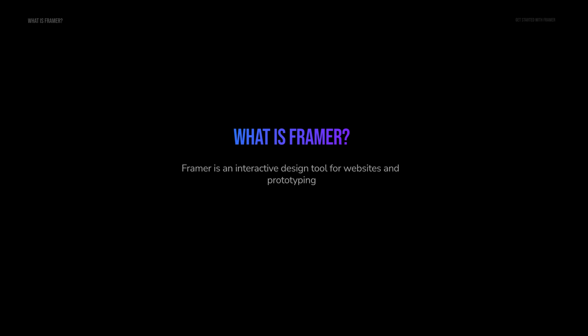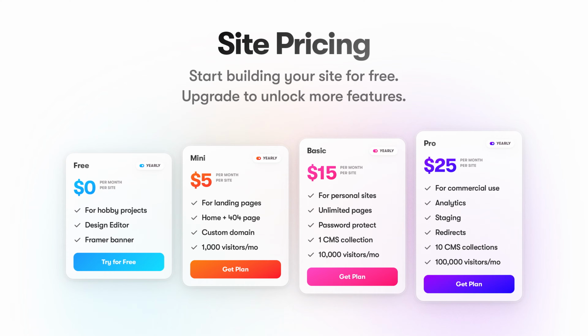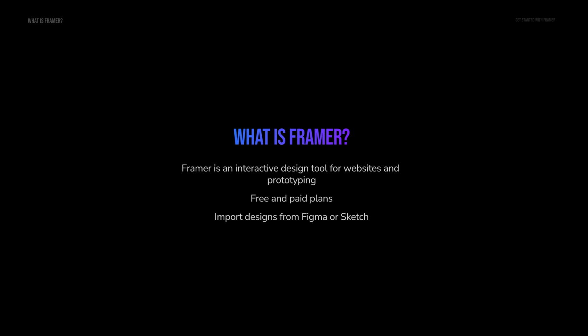Alright, so what is Framer? Framer is an interactive design tool for websites and prototyping. You can start with the free plan, and there's also paid plans. It's also possible to import designs directly from Figma or Sketch into Framer.